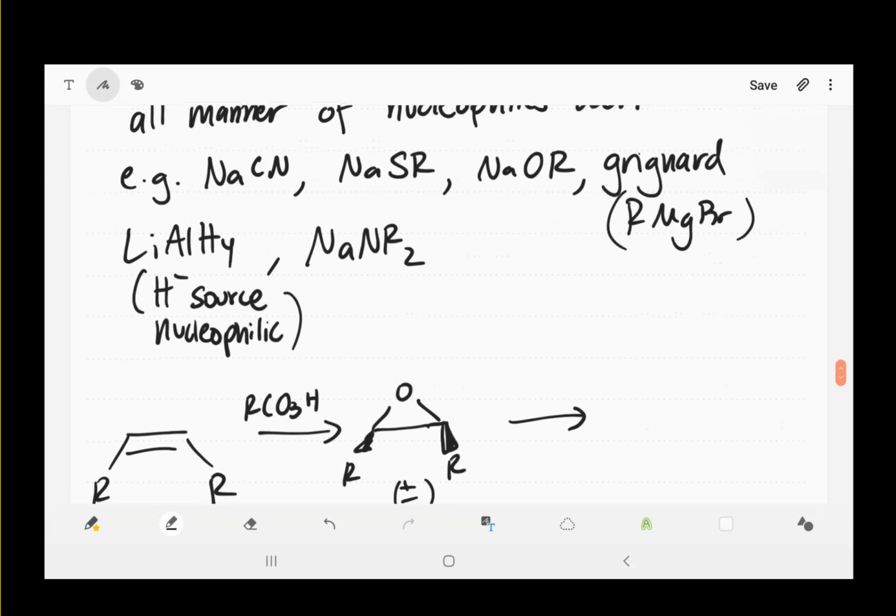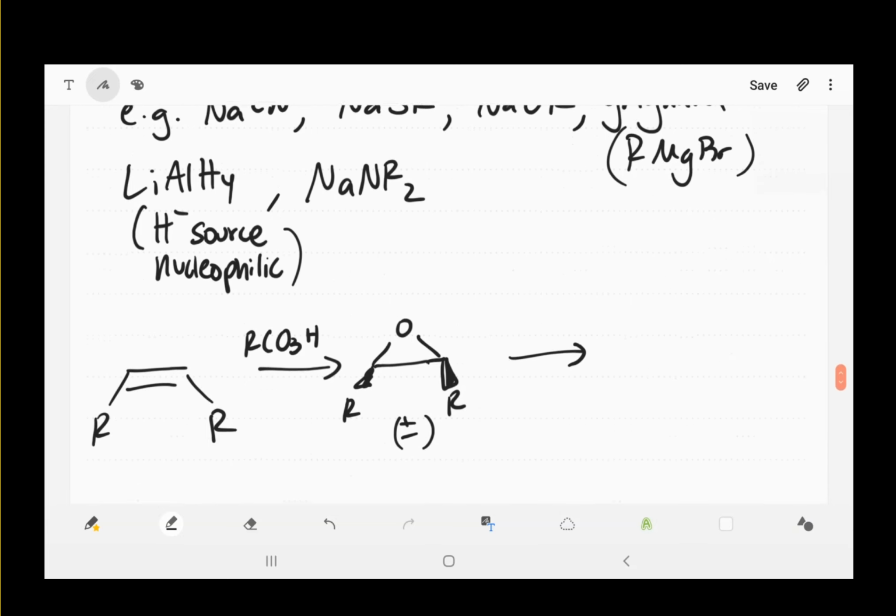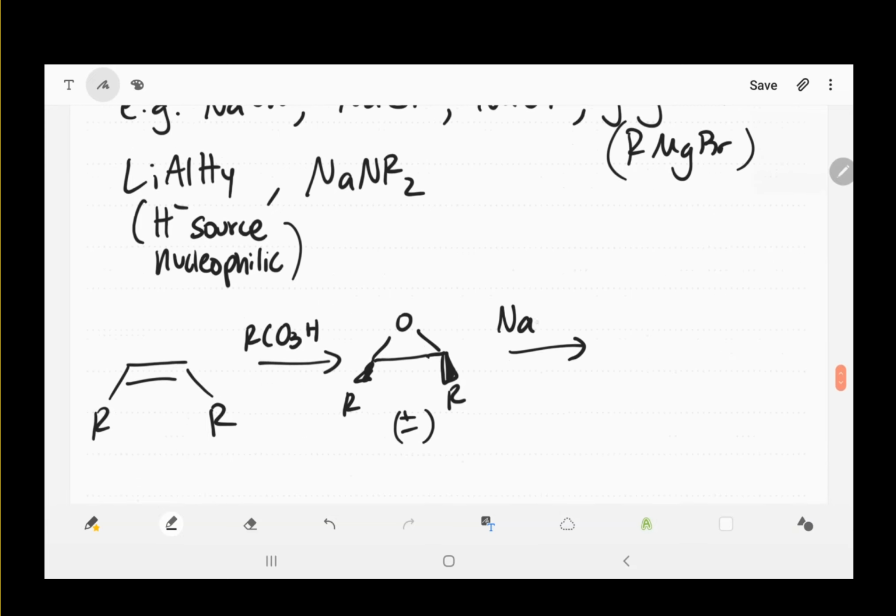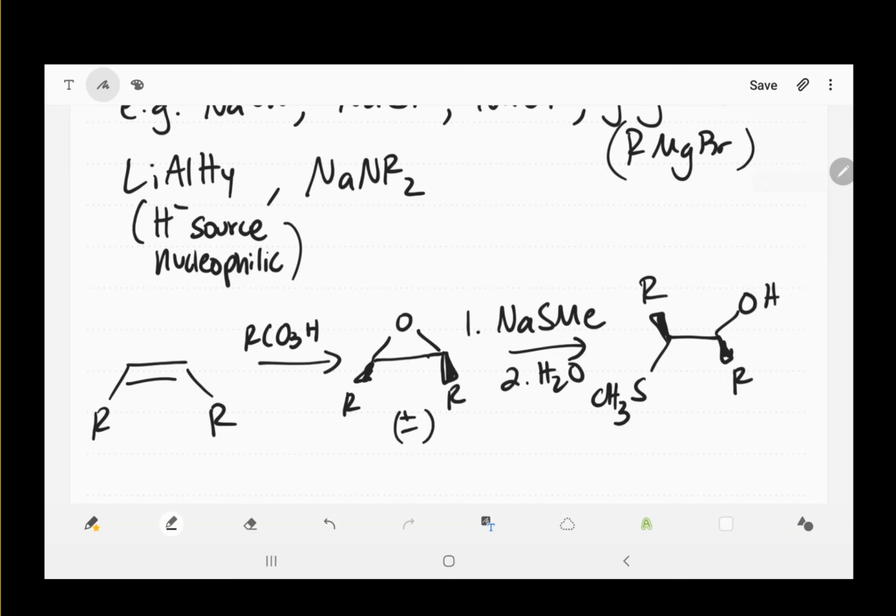Let's throw in NaSMe, whatever the heck that is. We're going to end up with, sorry, I forgot that, and then we have our methyl sulfide there.